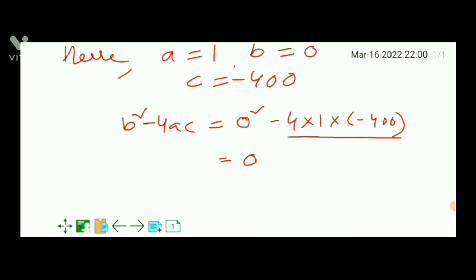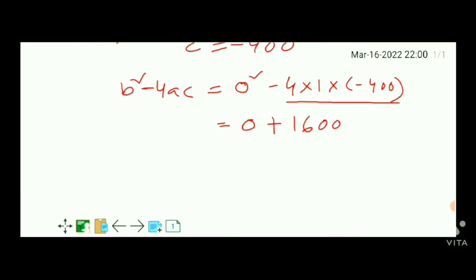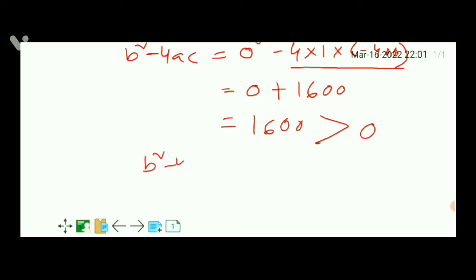This is minus, this is minus, minus minus will be plus. 4 into 4 is 1600. So 0 plus 1600 is equal to 1600. So this is greater than 0. So we can write b square minus 4ac is greater than 0.